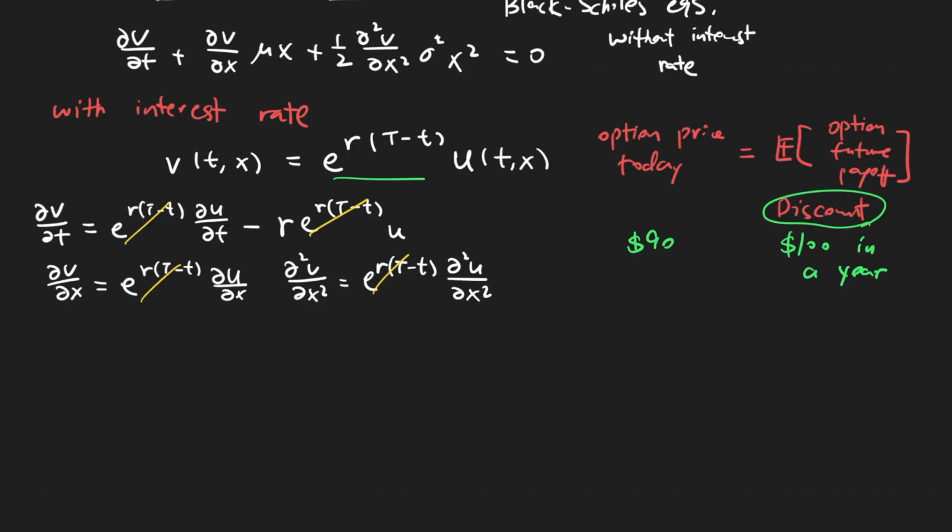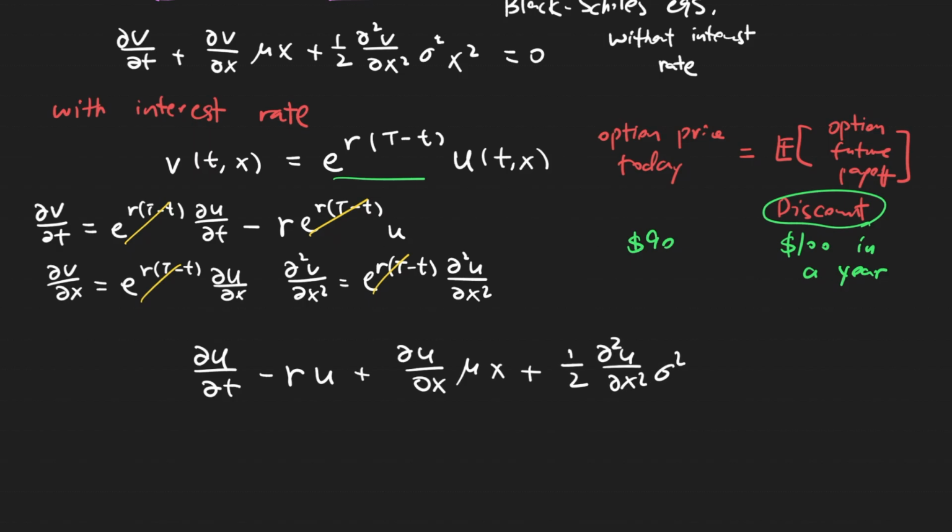So what we will be left with is the partial u over partial t minus r times u plus partial u partial x times mu times x plus a half the second derivative of u times sigma square x square equals to 0. Yeah, so this is the common form for the Black-Scholes equation.